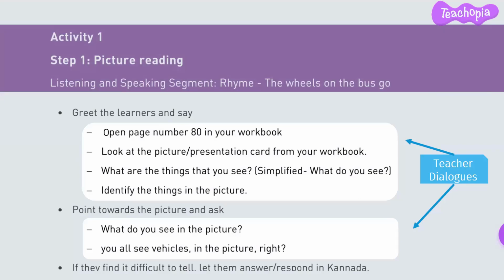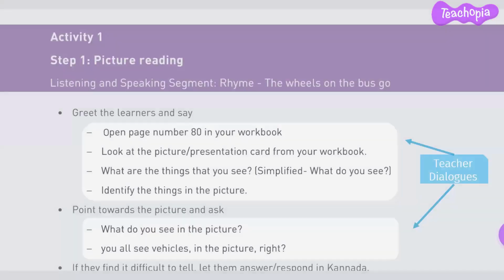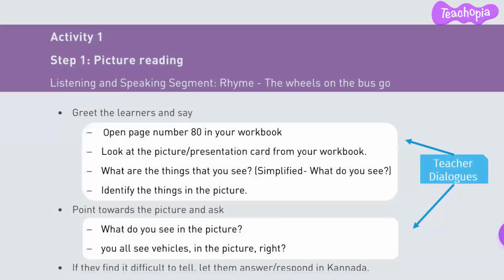So the dialogues are like, you can open page 80 in your workbook, look at the picture or presentation card from your workbook. What are the things that you see? So this is how you will find your dialogue as well as instructions that you can use in each class.